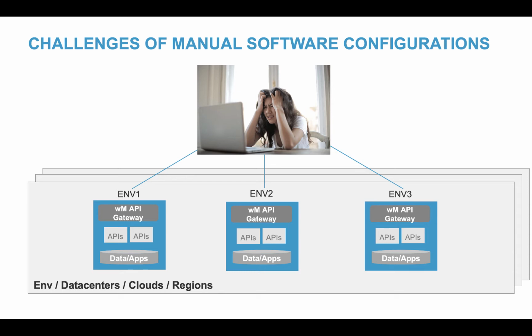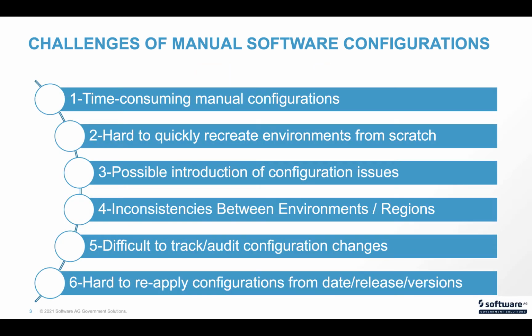And if you are to do that all manually, you can just imagine how it surely will lead to quite a bit of frustration. And these are some of the issues that will surely creep up as you're doing all this manual config work across all these environments.